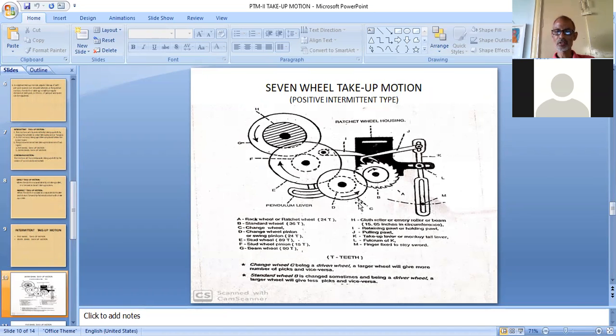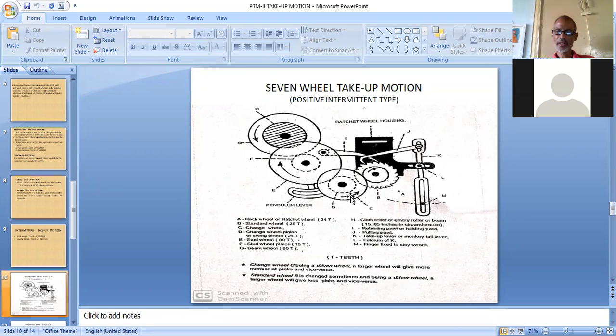This C is known as change wheel. Then on the same shaft on which C is mounted, this change wheel is mounted, we are mounting another gear that is indicated by D and known as change wheel pinion or change pinion. In short, we can say change pinion, otherwise full name is change wheel pinion.